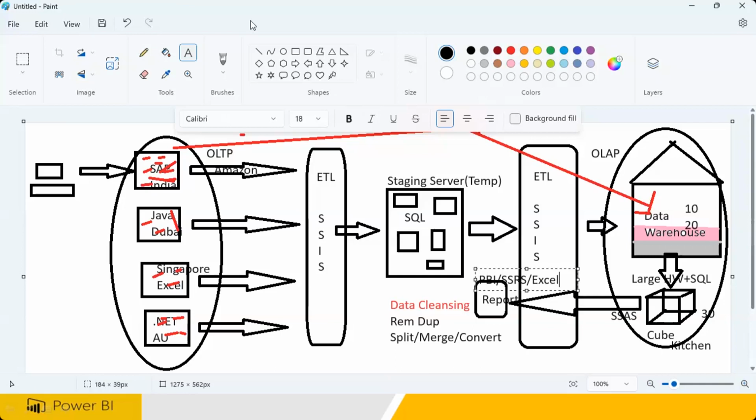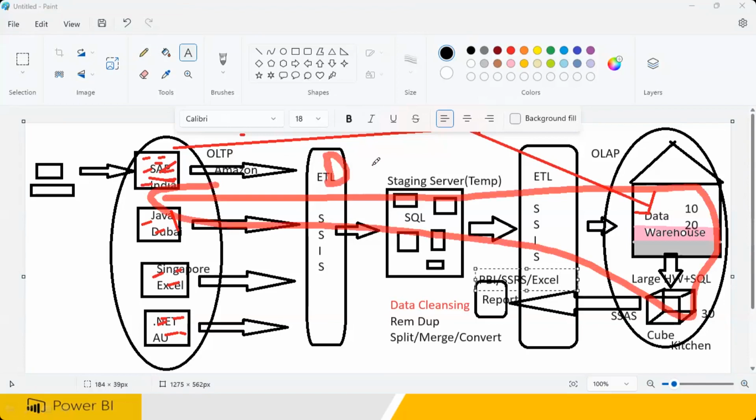Clear? So getting the data from here, cleaning the data, processing the data, and all these things are called data engineering, or data preparation, where you have to use SQL, and ETL is compulsory. Clear?